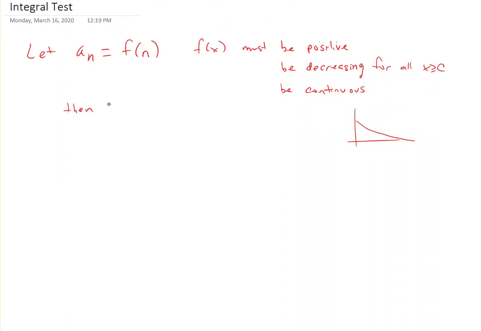If we can make this situation where the function is decreasing, positive, and continuous, then we're allowed to say the following: the integral from c to infinity of f of x dx, and the series, so this is where I guess I should use n.